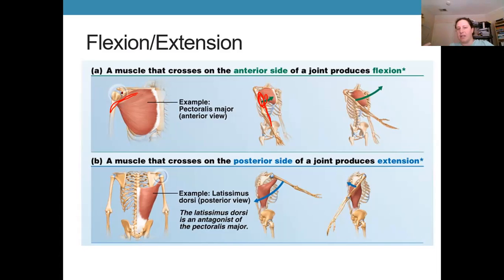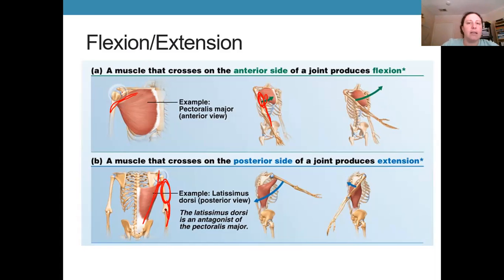And then the opposite is also usually true. Muscles that cross the posterior side of a joint, like this guy, the latissimus dorsi, which crosses the posterior aspect of the shoulder joint, or what we just talked about, the triceps, which crosses the posterior aspect of the elbow joint, are going to cause extension. Now, there are some exceptions to that. When you think about the action at your knee, that's obviously opposite, right?